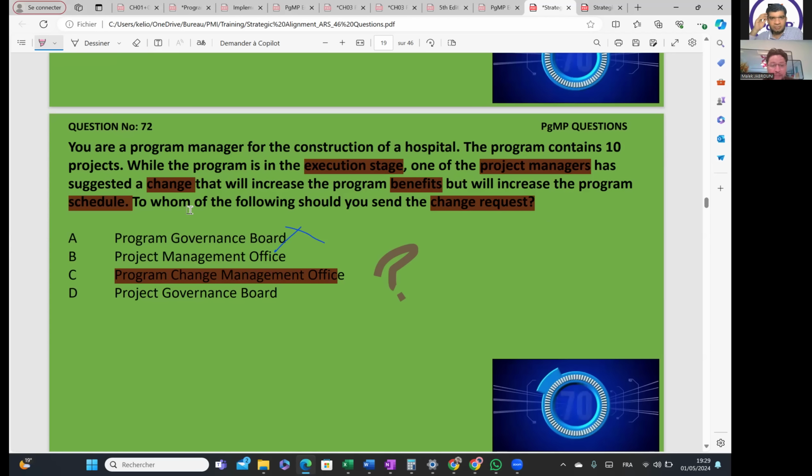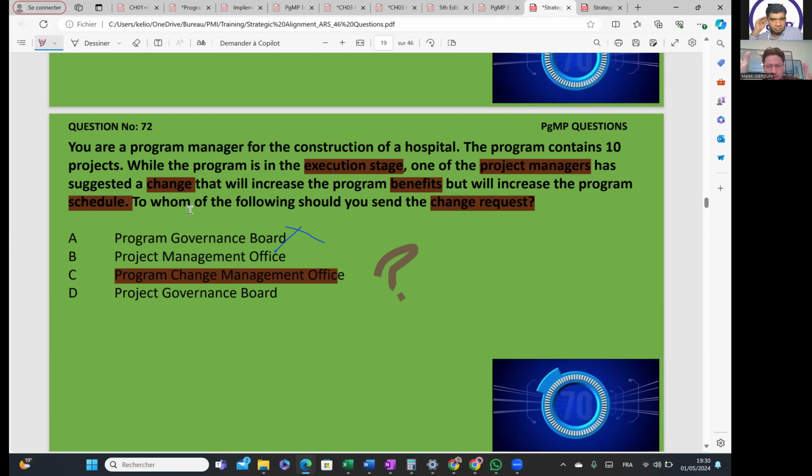Program governance board, okay. Governance board and steering committee are the same, I know it. But just to give you why I didn't get it: program governance board, okay, PMO, I know what it is, change management office, and project governance board. When I read the question, for me the keywords are execution stage.